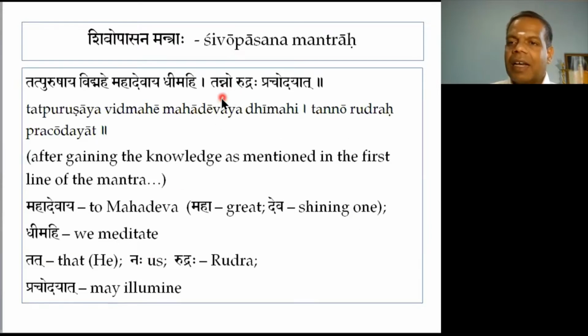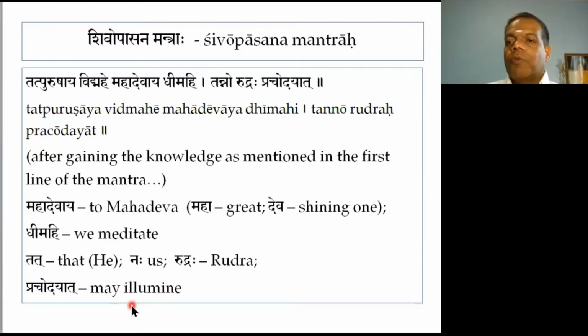Tanno is Tannaha. Because of Sandhi, that Visarga has become O. Tanno is again a Sandhi of two words, Tat and Naha. Tat means that or he. Naha means us. Rudraha, that Rudra, Prachodayat, may illumine.